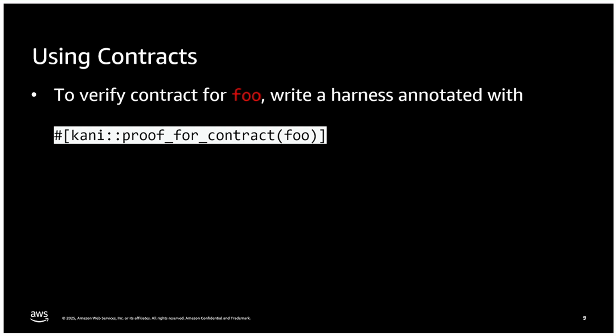So essentially, both ways are allowed. You can either specify the constraints on the inputs of the function, the input parameters, or you can construct them imperatively in this harness function.